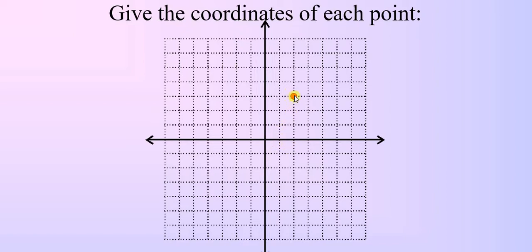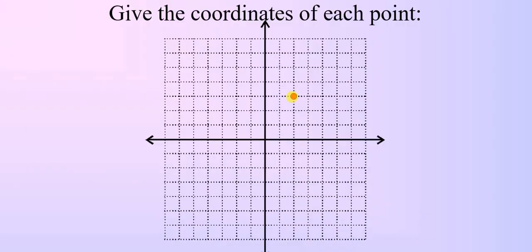To reach this point, first we shall count on the x-axis. Just to show, we skip count. This is our origin, so we go 1, 2, so this is a 2. Our location from the x-axis is 2.